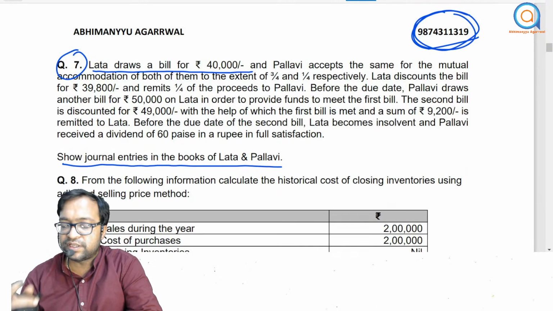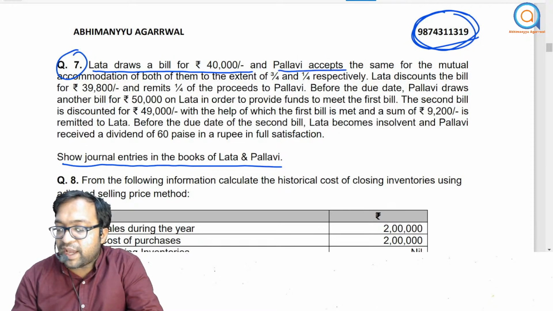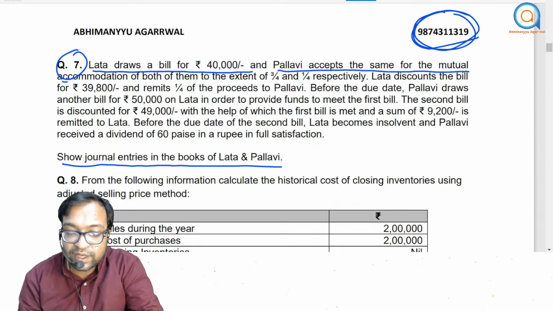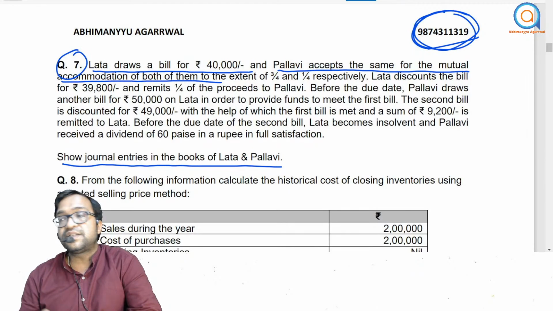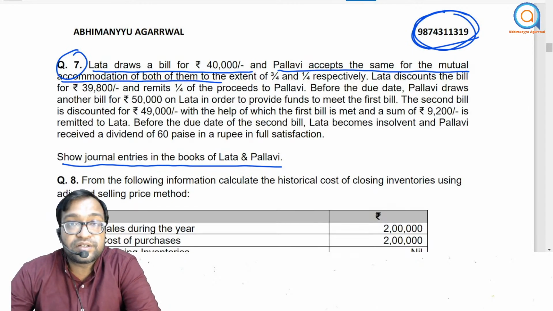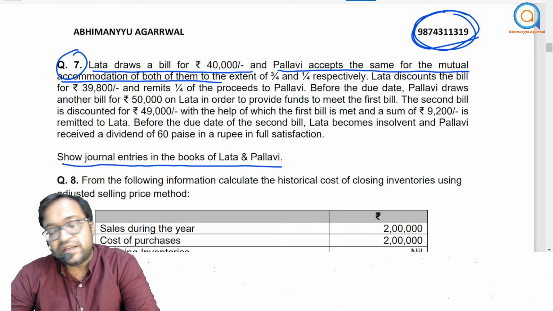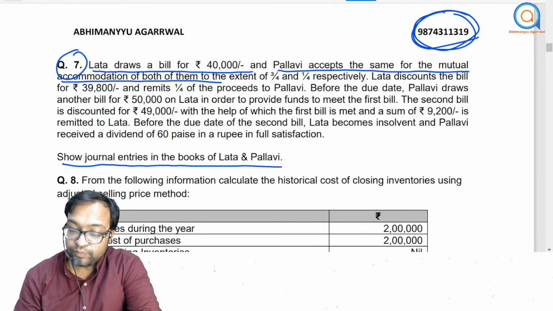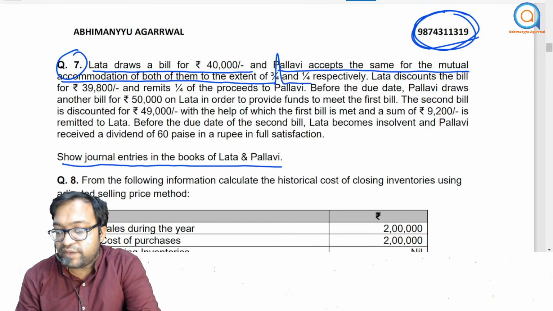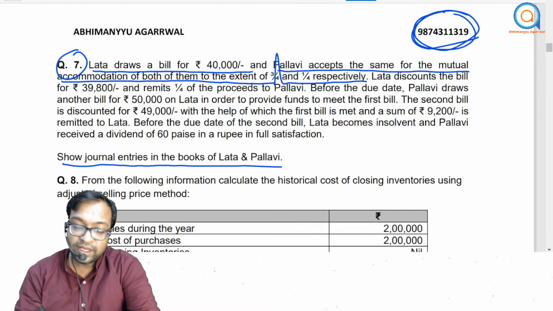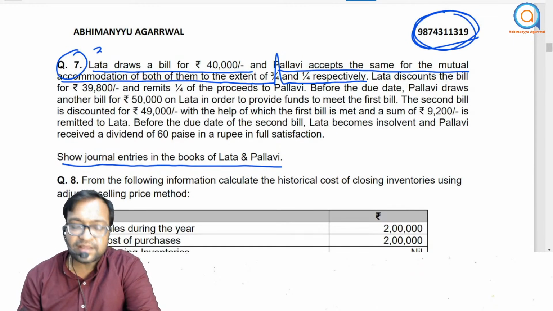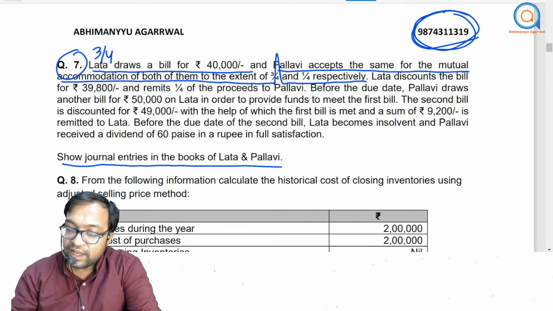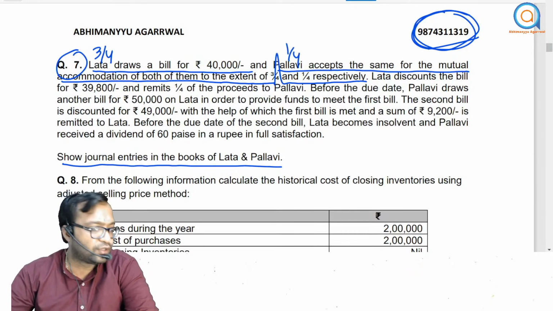So Lata has drawn the bill and Pallavi accepts the same for mutual accommodation of both of them. Acha, this is the case of mutual accommodation. Means both the parties are in need of funds to the extent of 3/4 and 1/4 respectively. Means from this bill, Lata will take 3/4 money and Pallavi will take 1/4 of the money.